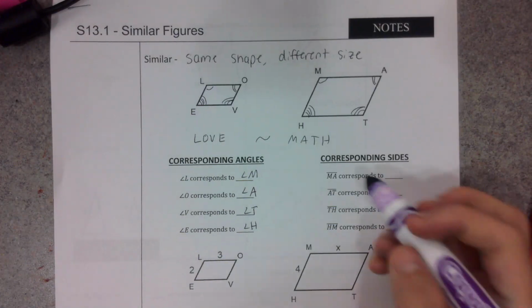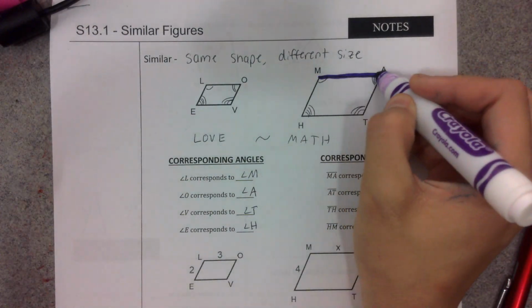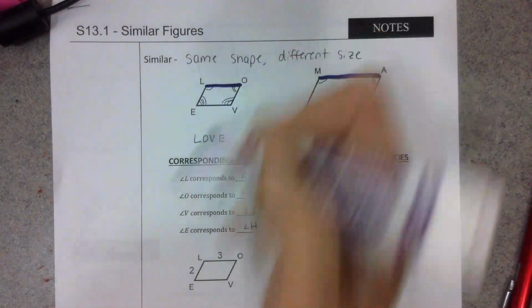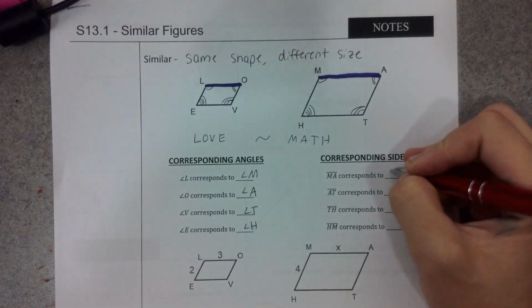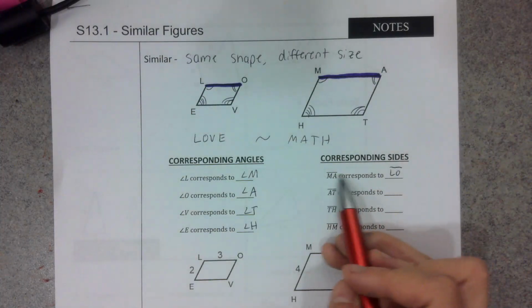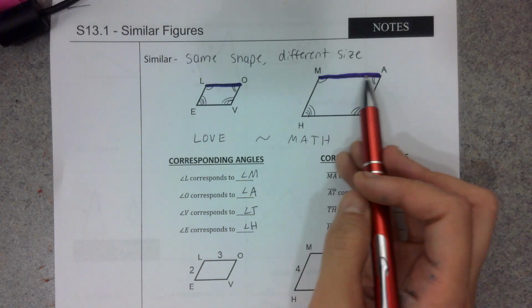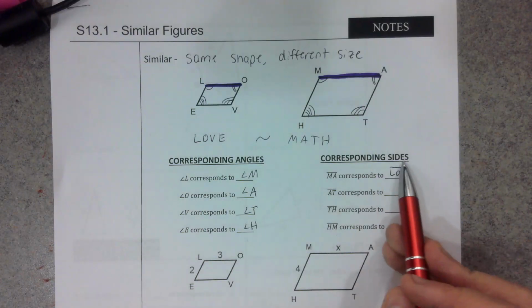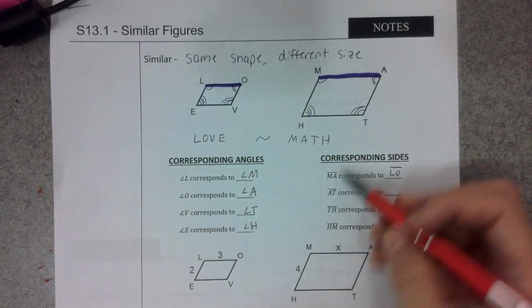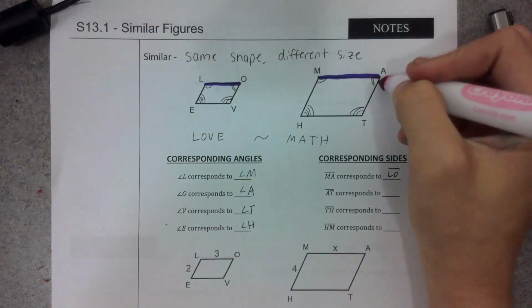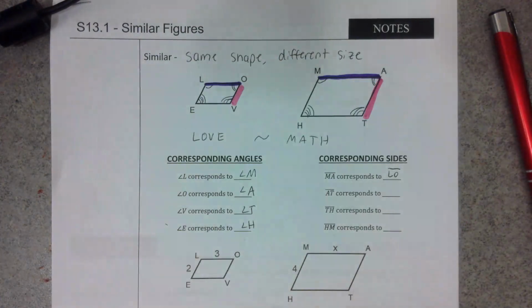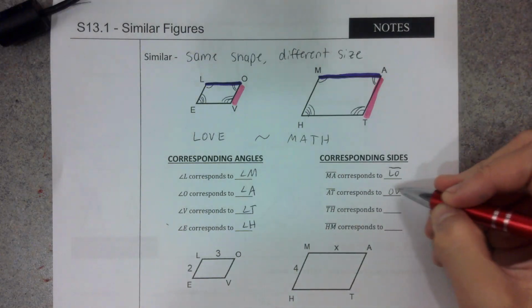So we have MA is going to correspond with LO. So that line on top of it shows that it's a side, right? So corresponding sides. We have MALO, we have AT and OV, ATOV. Make sure it's in the right order.